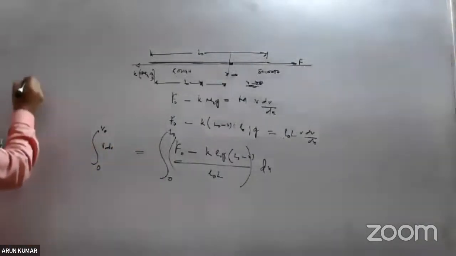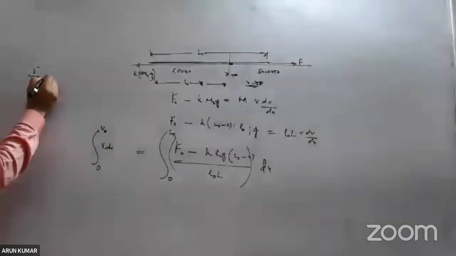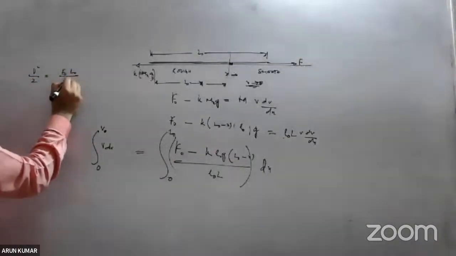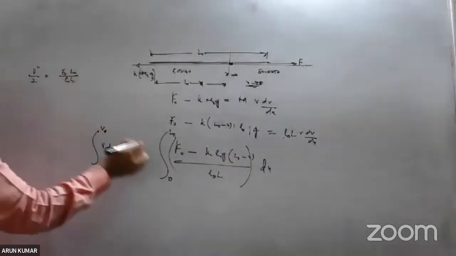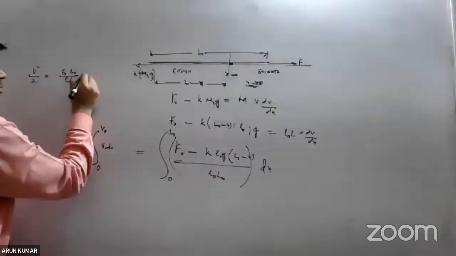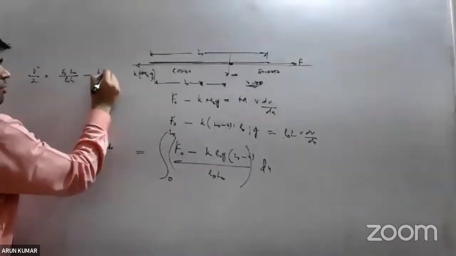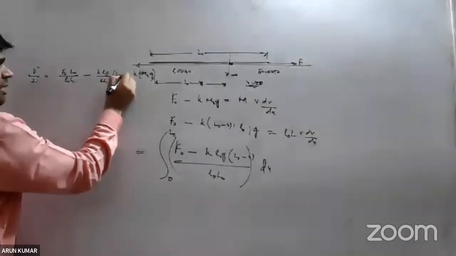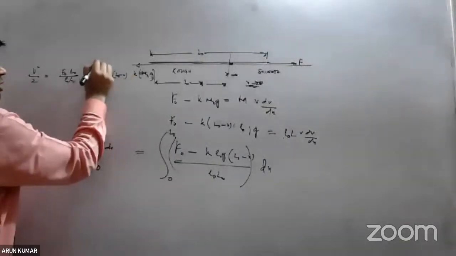v square by 2 is equal to, integrating the right hand side, F naught L naught by rho L naught minus mu rho g by rho L into L naught minus x. I integrate this from 0 to L naught.